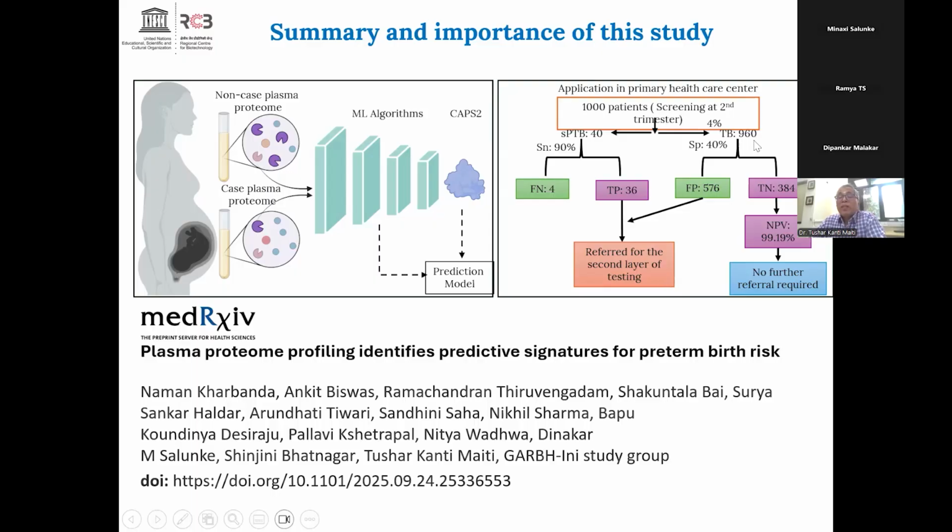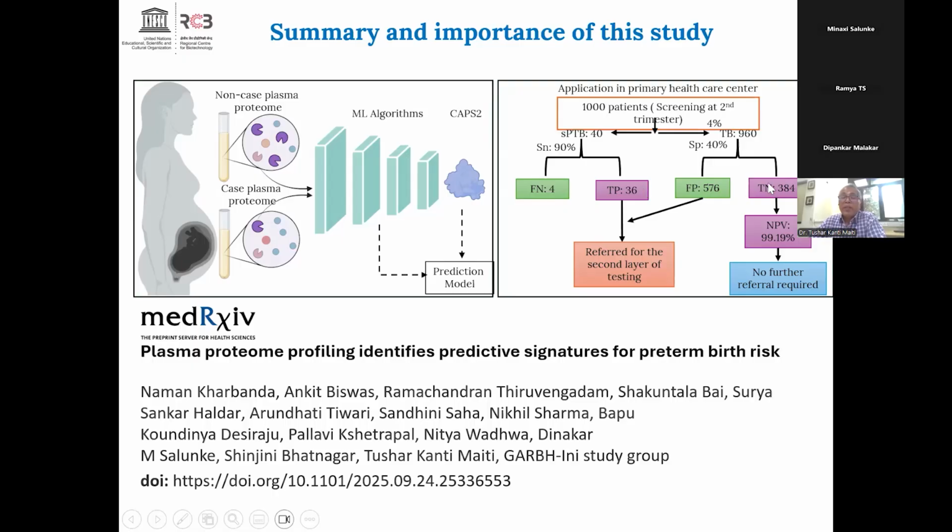Similarly, for the 960, if we say the specificity is 40%, then the false positives will be 576. So these 576 mothers, which show the specificity of 40%, can be transferred to the next platform where the patients will be managed and further tests will be carried out.